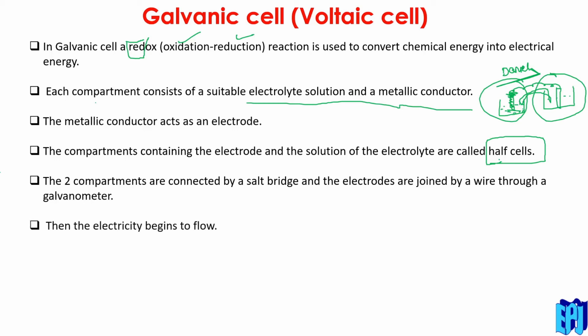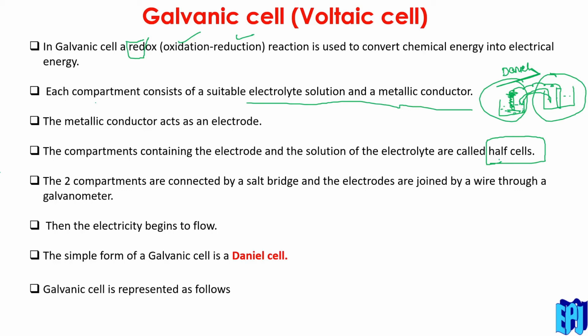Then the electricity begins to flow from anode to cathode. Why anode to cathode, not from cathode to anode? The reason is anode produces electrons and cathode accepts electrons. Ready?